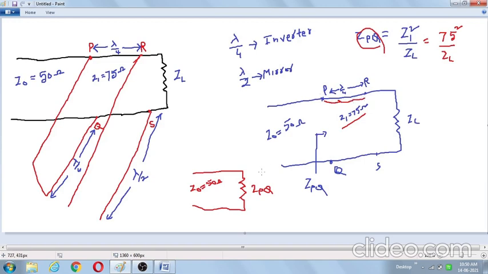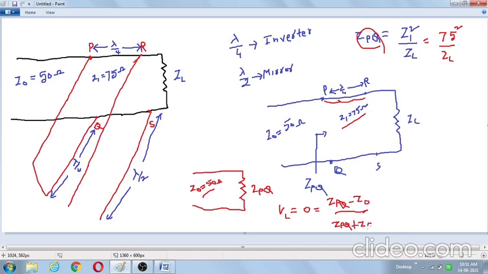Therefore, for the matched transmission line, the load reflection coefficient is equal to 0, that is equal to (ZPQ minus Z0) by (ZPQ plus Z0).